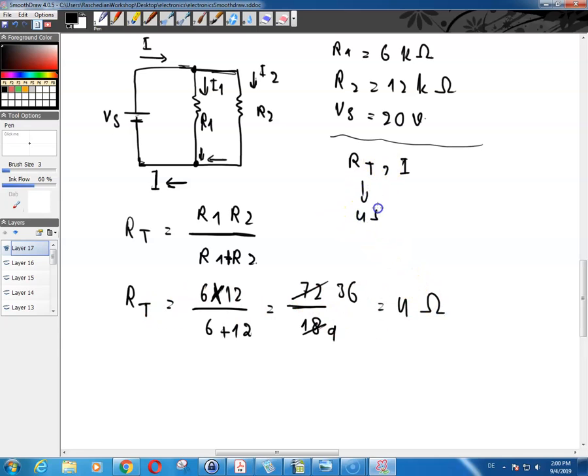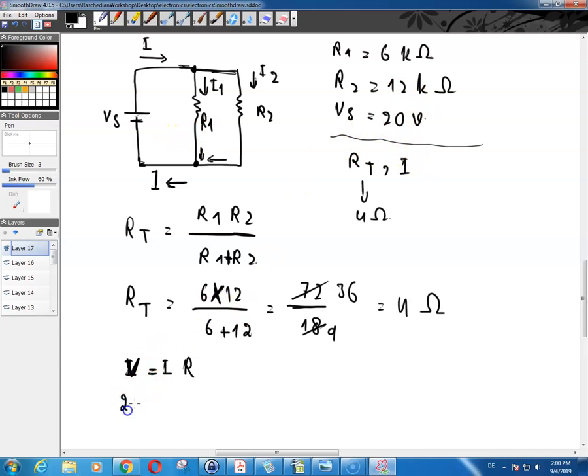And then if you use V is equal to IR, Ohm's law, the equivalent resistance over here is 4 kilo ohm, and the power supply voltage is 20 volts.